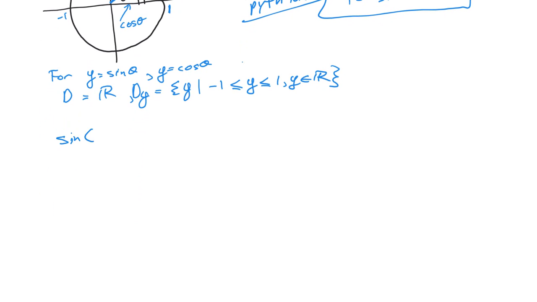Sine of negative x is equal to negative sine of x. So sine is odd. If I have cosine of negative x, we're going to get cosine of x back when you simplify. So this is even.